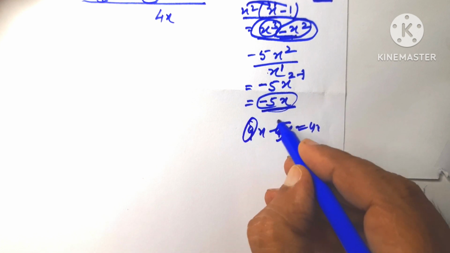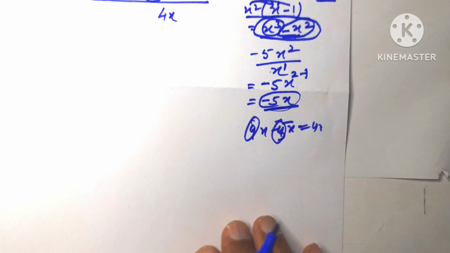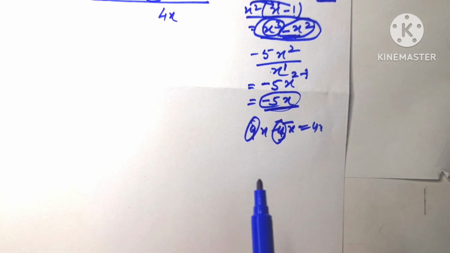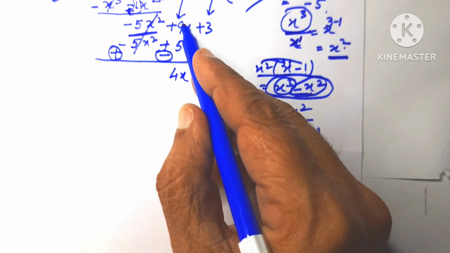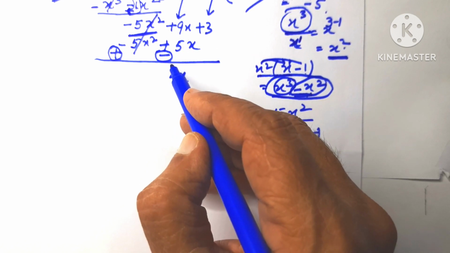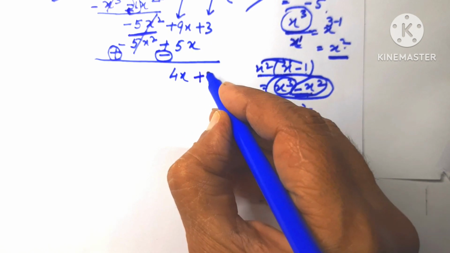Only the coefficients are subtracted in subtraction, or added in addition. So here we are doing subtraction. And bring down the last term, 3.